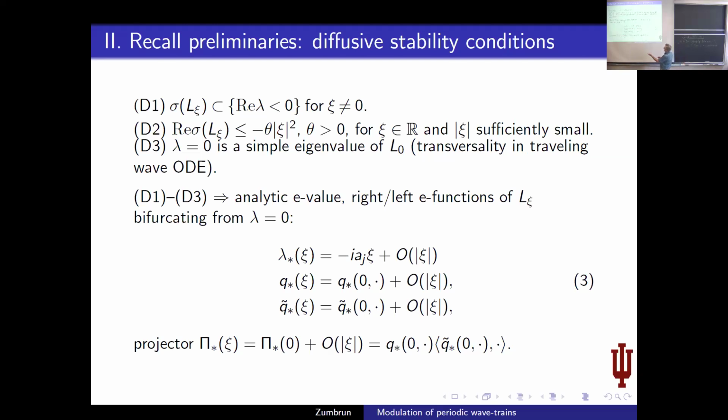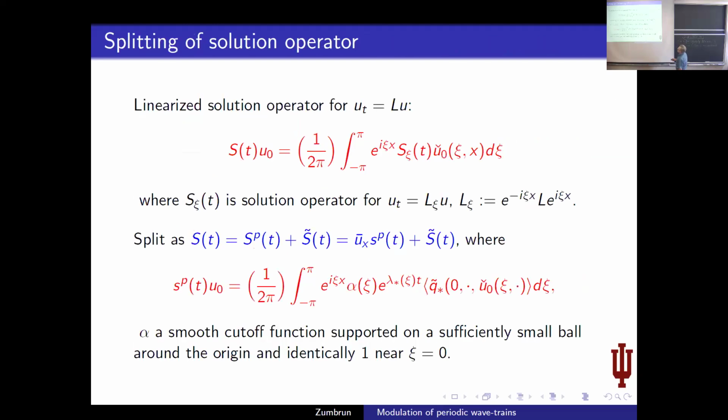And there's an associated projector, which is just the pairing of Q star and Q tilde. It's rank 1. This we did before, and then we wrote the solution operator as an inverse Bloch transform of the solution operator for L_C. S_C is the solution operator for the transformed operator, applied to the Bloch transform of the data.